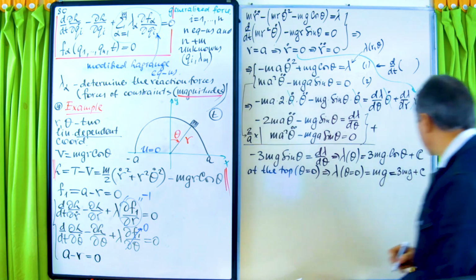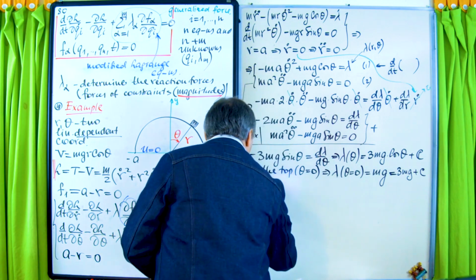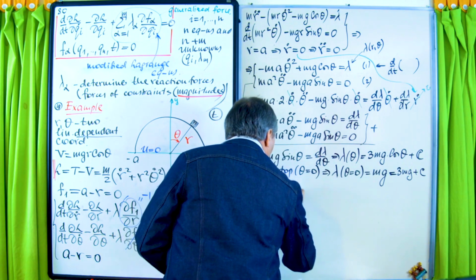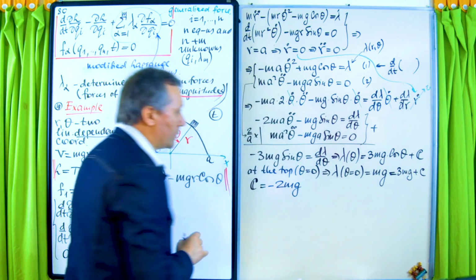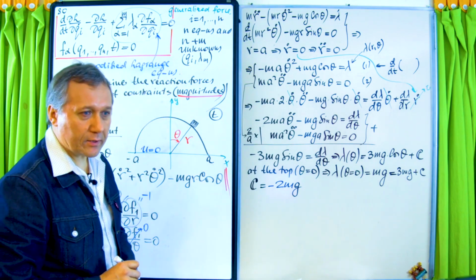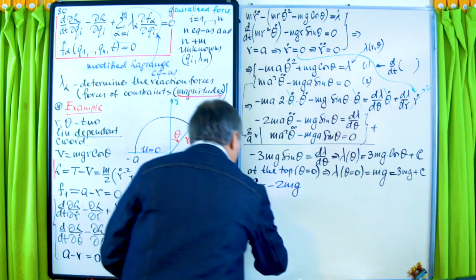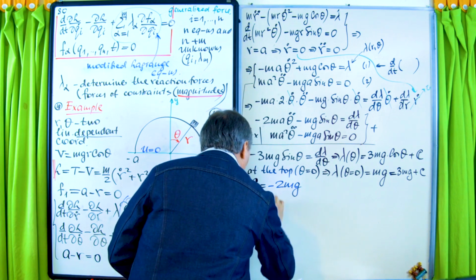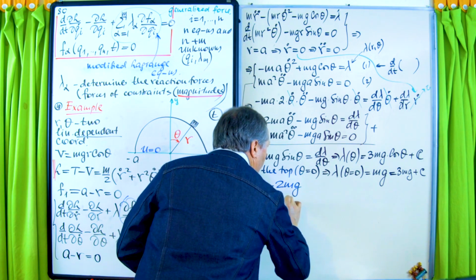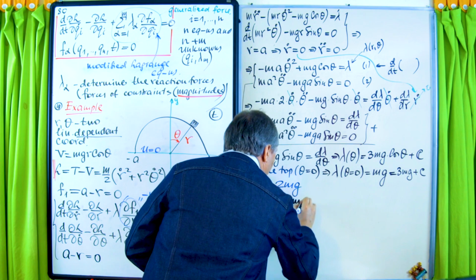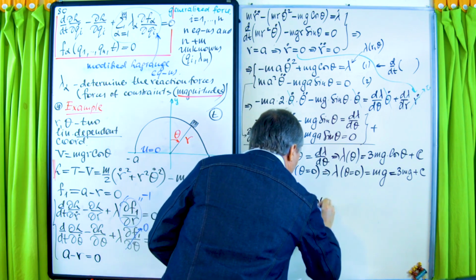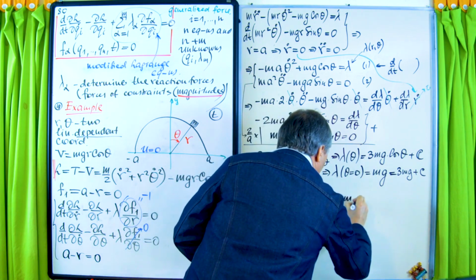So from here we can get c as minus 2 mg. So that's the constant. And now we can write an explicit function for lambda. So it will be 3 mg cosine theta minus 2 mg.